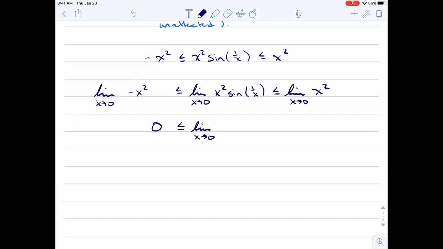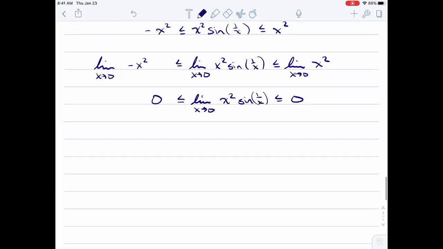So 0 is less than or equal to the limit as x goes to 0 of x squared sine 1 over x, which is less than or equal to 0. Therefore, we must have the limit as x goes to 0 of x squared sine 1 over x equals 0.